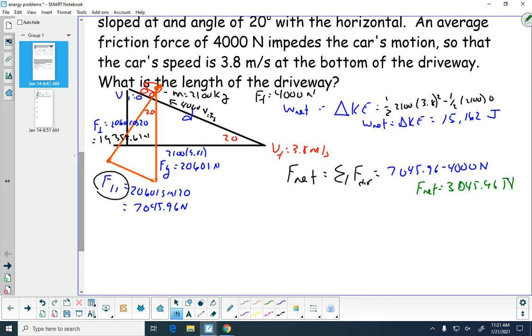So then we can find our distance by dealing with force net times our distance is equal to our work net. So we have 15,162 equals 3,045.96 times our displacement.